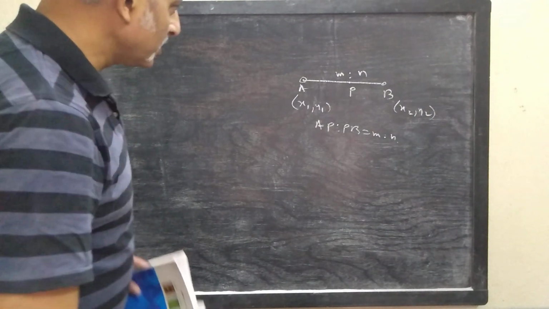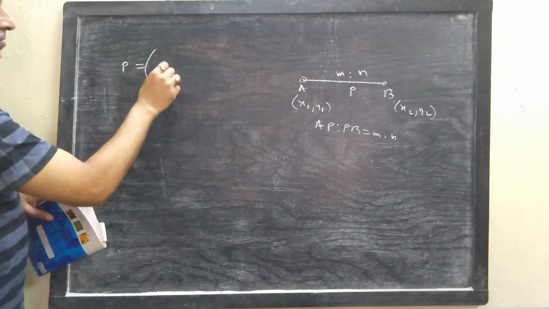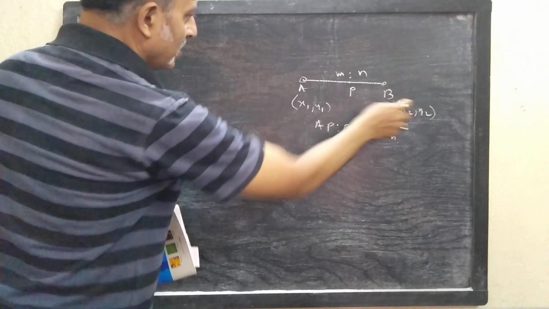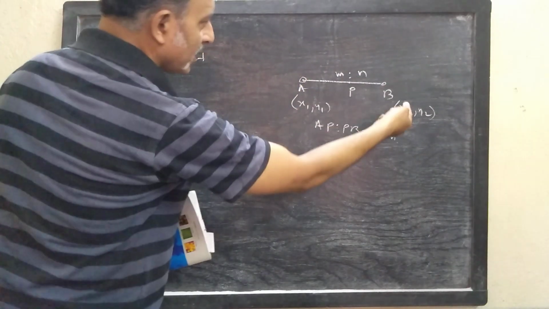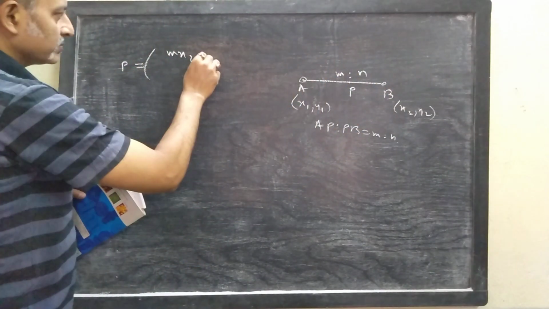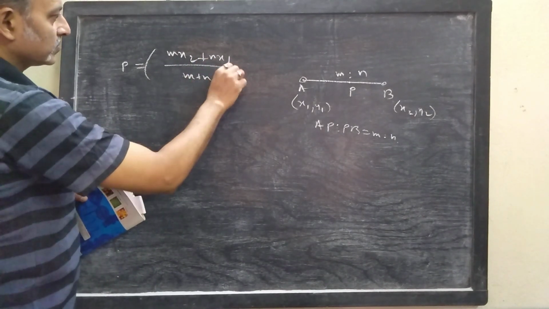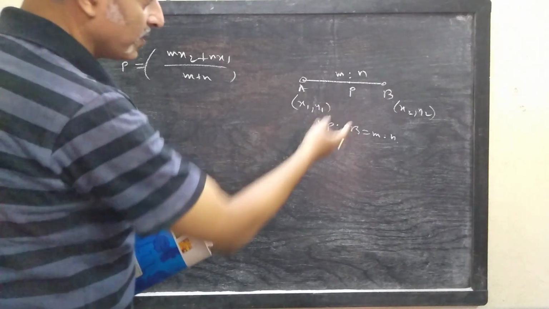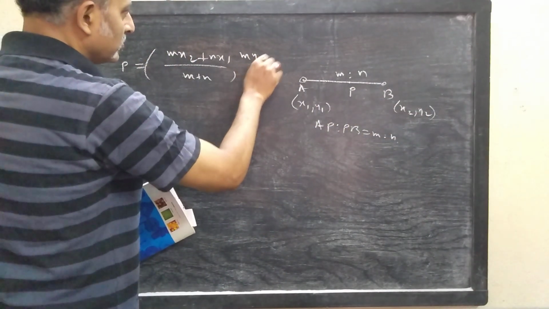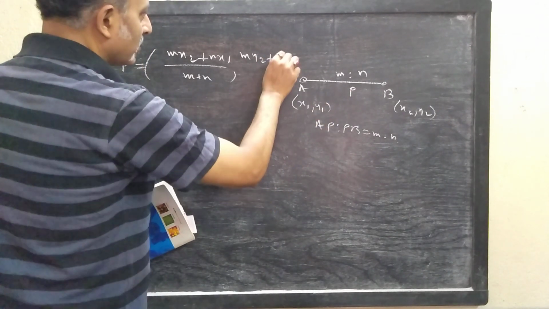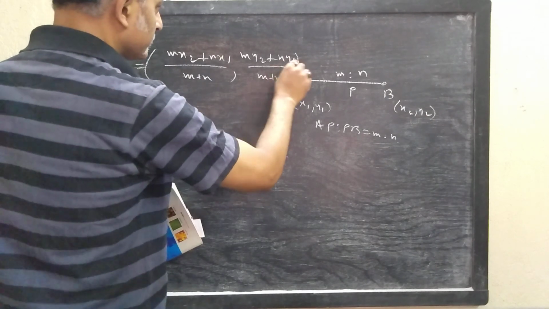Now the coordinates of P will be m times x2 plus n times x1 by m plus n, comma, same thing will happen in case of ordinate also, m times y2 plus n times y1 by m plus n.